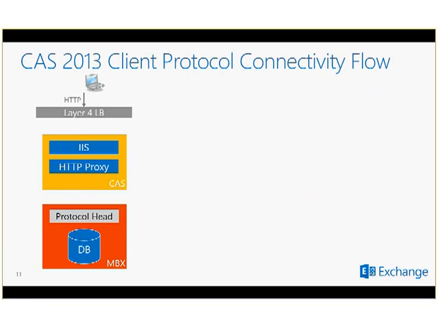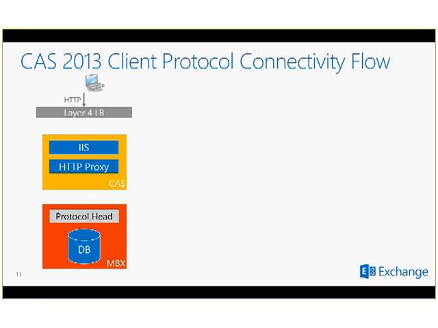When it says layer 4, it's just meaning that we're going to make sure that TCP sessions are held on the same CAS, but I could have a program like Outlook connect with Outlook Anywhere that makes a various number of TCP sessions. All those TCP sessions could be sprayed across a number of CAS, and that's perfectly fine. We don't need to say, oh, all connections from 192.168.1.1 have to go to this CAS. That is no longer a requirement for 2013.